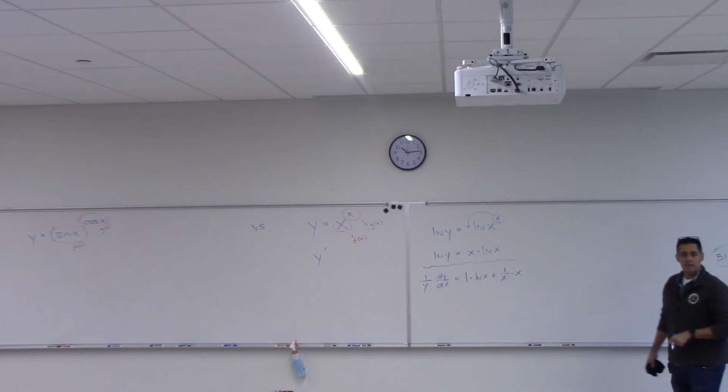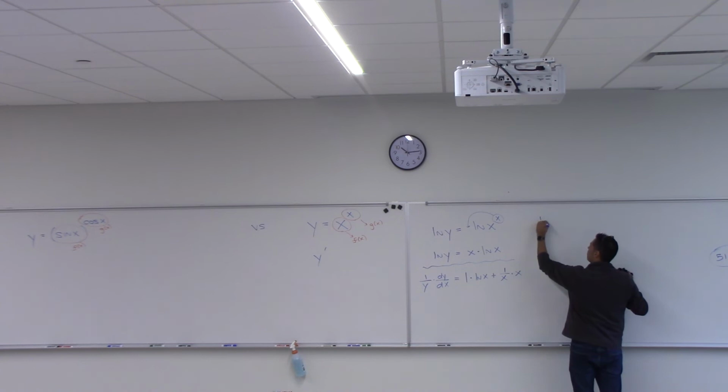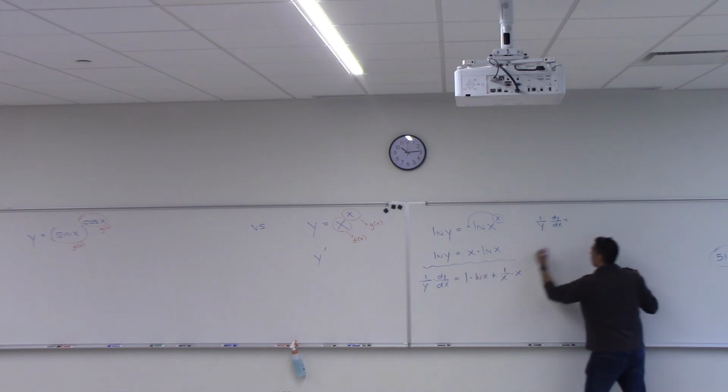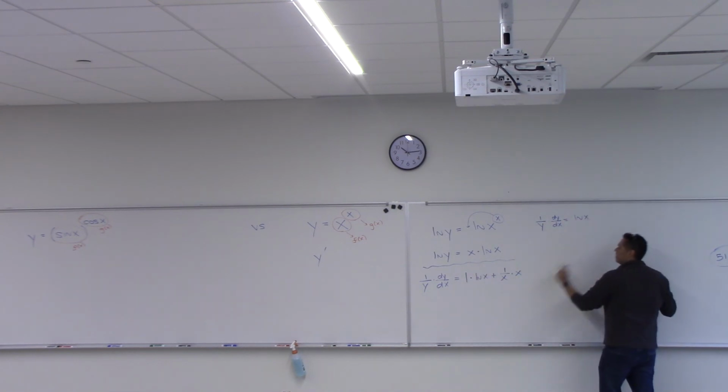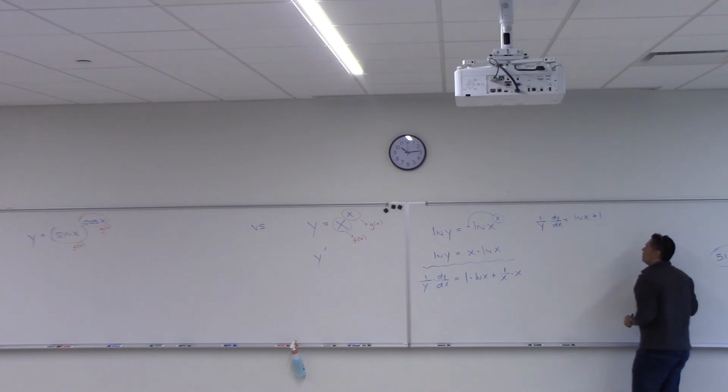That is 1 over y times dy dx equals, cleaning up, natural log of x, and then isn't this just 1? So plus 1. Almost done.